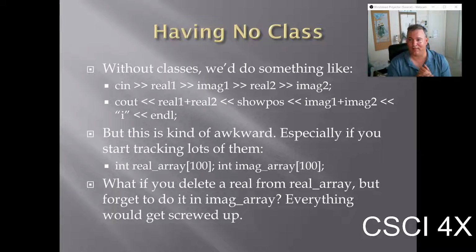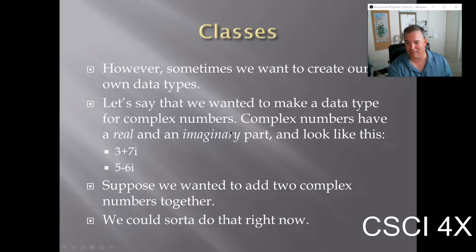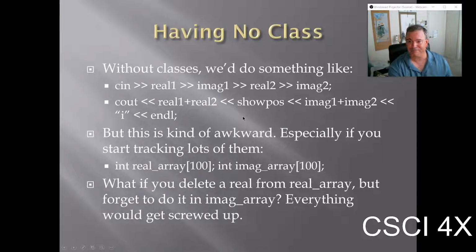But if it's positive 10 and you have showpos turned on like this, then it will print plus 10. And we need that to get the complex numbers looking like this. You want the little plus in between. So it'll add the real parts together. It'll show the positive if it's positive. We add the imaginary parts together, tack a little i on the end, inline, and we're good.